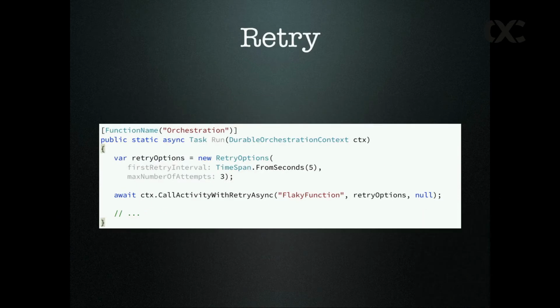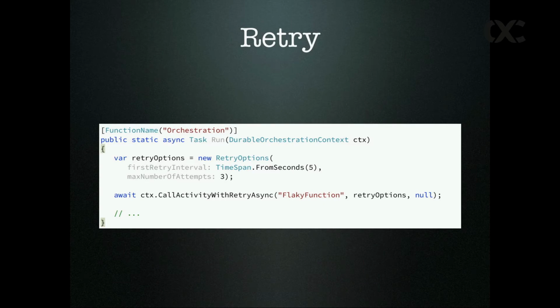Second is retry. So we have seen the simple version of call activity, but there is a more sophisticated version. They built some resilient stuff in there already for you. So you don't have to pick a Polly or other things because you can't use it with the runtime.